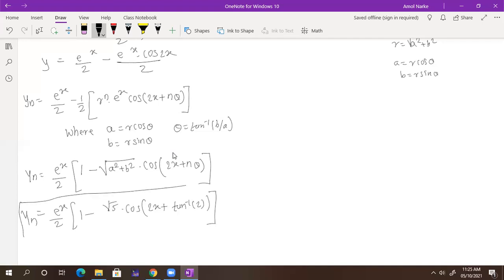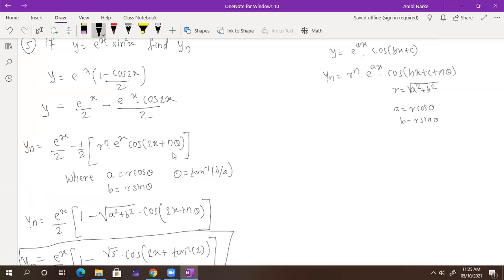Sir, can you explain the third last step? This step you are talking about? Root 5, will its power be n? No, sir, about that. About that, yes, its power will be n, correct. Okay, so what we have: y is equal to e raised to ax into cos of (bx plus c).